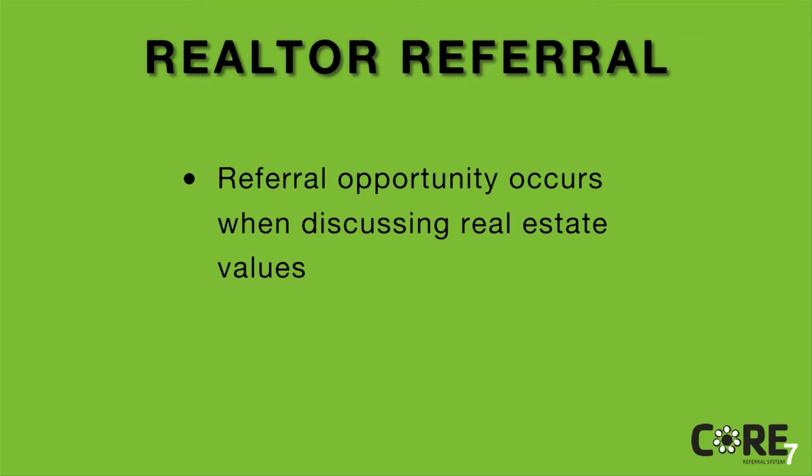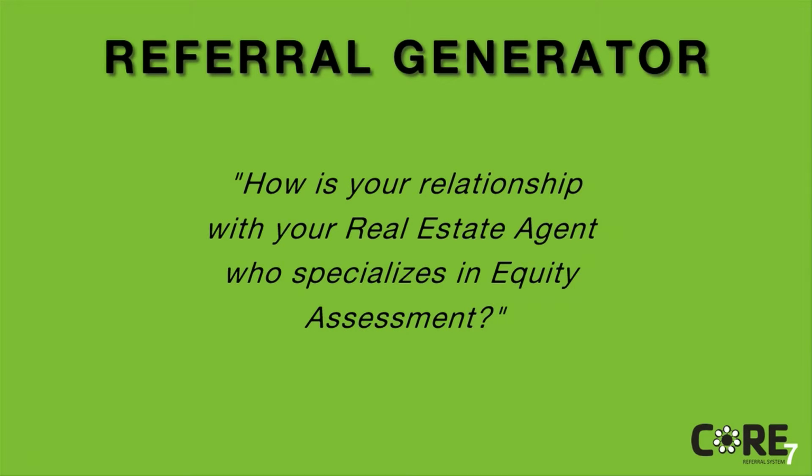And this is the time to ask about the relationship with the real estate agent who specializes in equity assessments. So whenever you get to that, what's the value of your real estate? If they know, how's your relationship with your real estate agent who specializes in equity assessments? It's critical to calculating net worth, and it should be asked every single time.